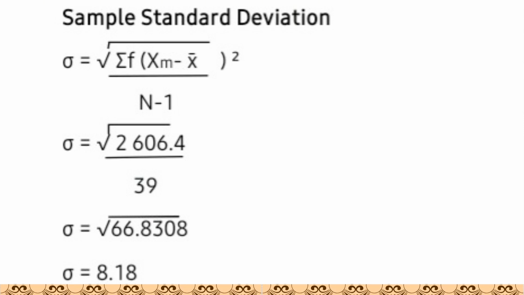Why 39? Because the population size is 40 minus 1, so equals 39. The answer is 66.8308. So we get the square root of that, and the answer is 8.18.